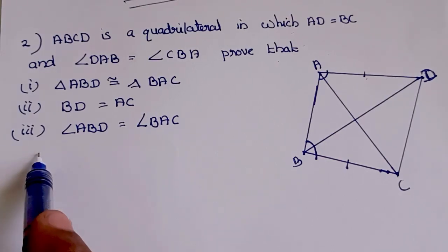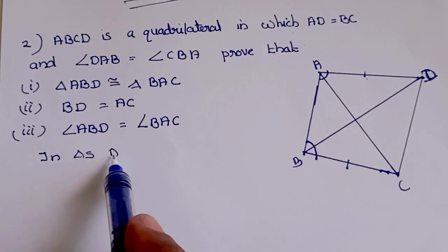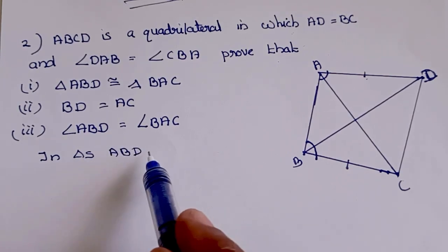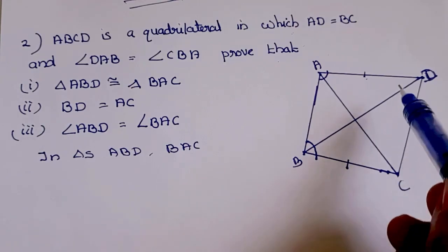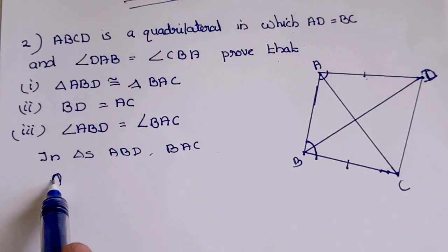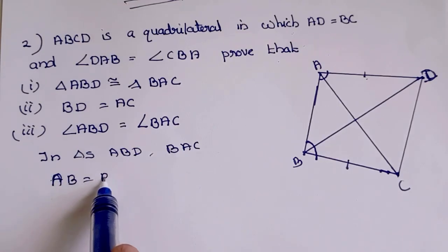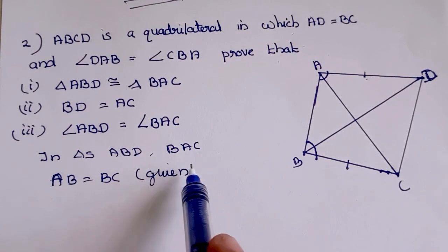Solution. In triangles ABD and BAC, we have AD equal to BC, reason given. It is given that these two sides are equal.